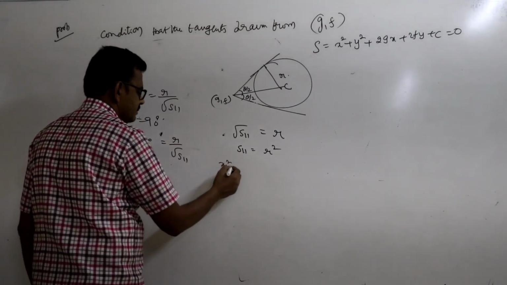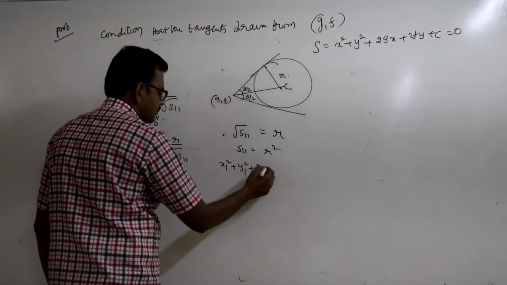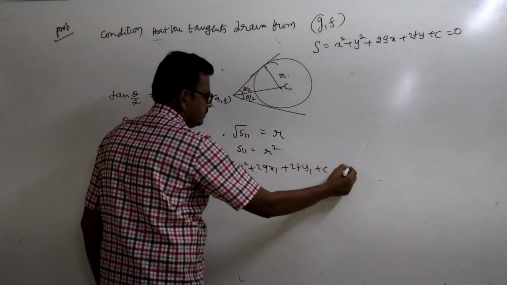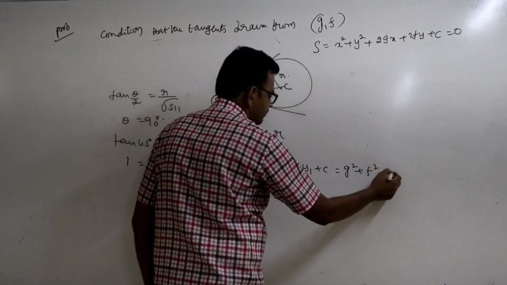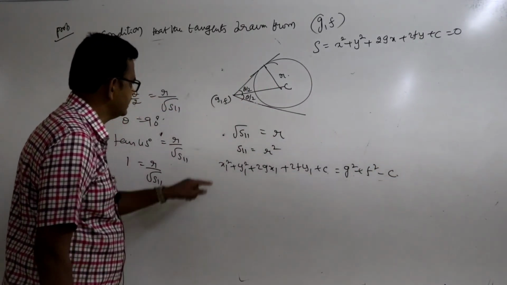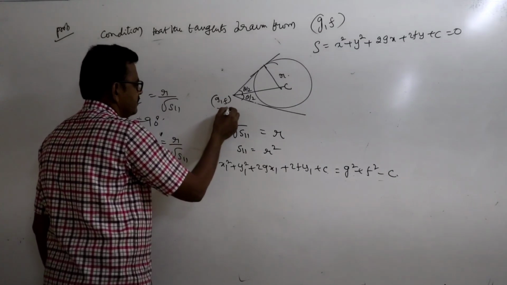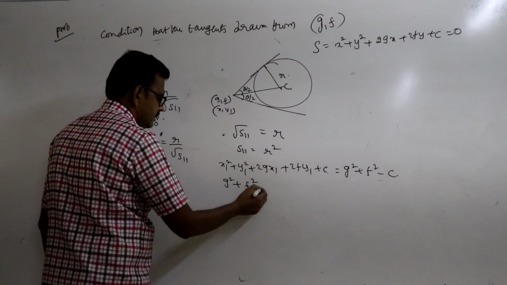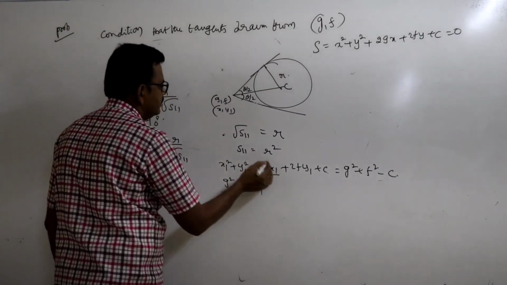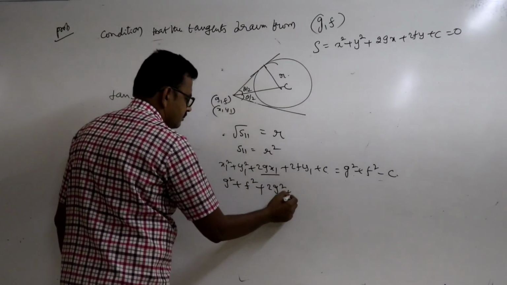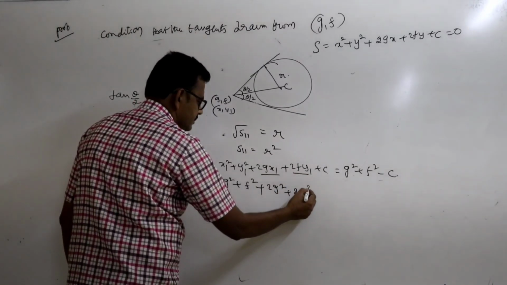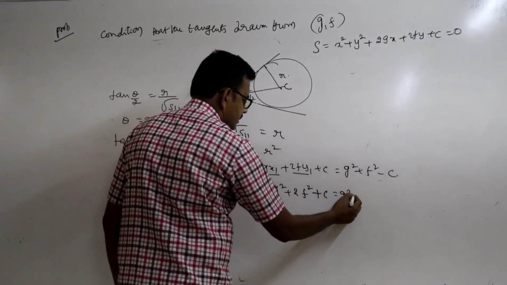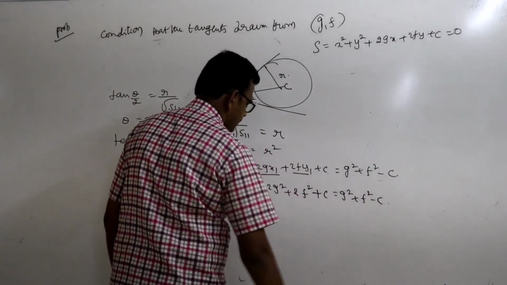So this is x1 square plus y1 square plus 2g x1 plus 2f y1 plus c equal to g square plus f square minus c, where (x1, y1) is (g, f). Therefore g square plus f square plus 2g square plus 2f square plus c equals g square plus f square minus c.